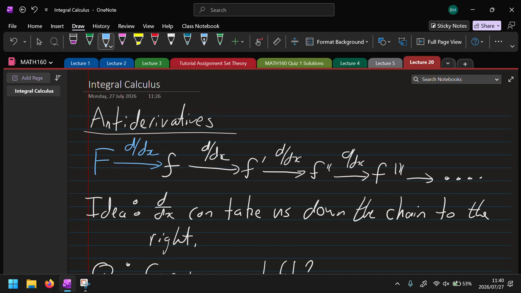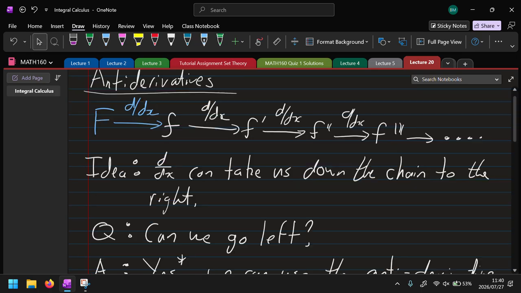That's the notation we're going to use, capital F for little f. If we're looking for the antiderivative of some function g, then we use capital G. That's just the typical notation. And given that capital F, we can go further left using the antiderivative.